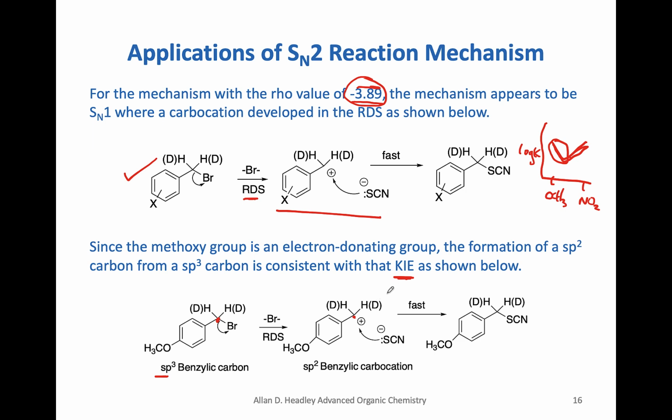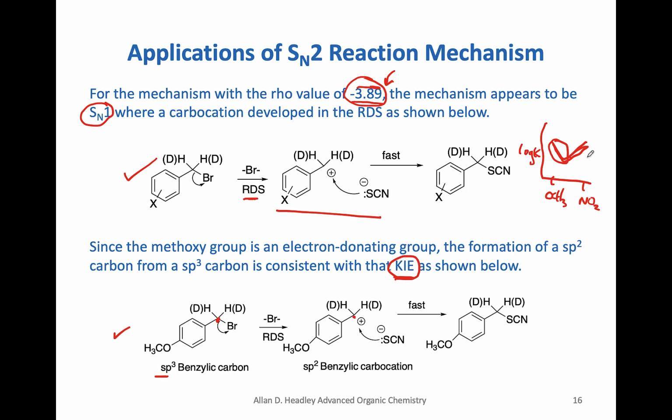So that would be consistent with the observed or the measured kinetic isotope effect. Again, the same mechanism as here. So this SN1 mechanism that's shown here is consistent with this rho value and is consistent with the normal secondary kinetic isotope effect.